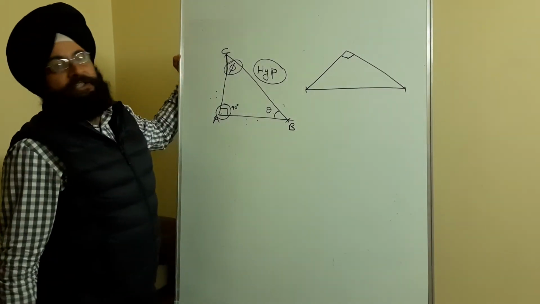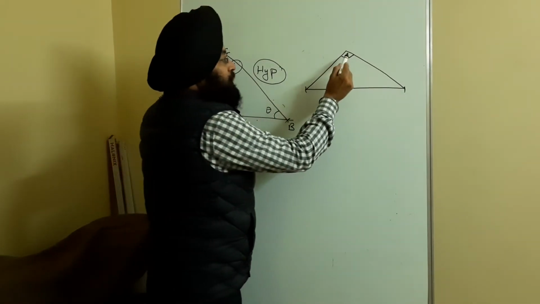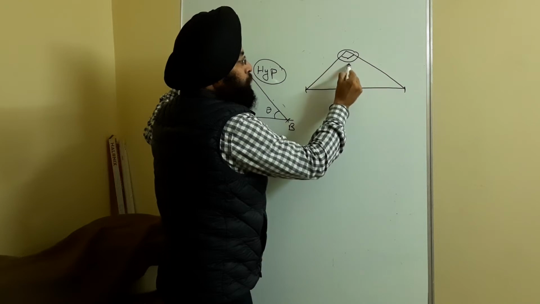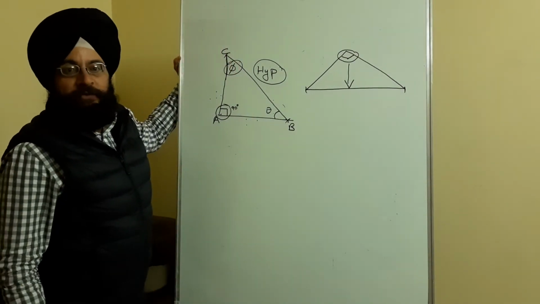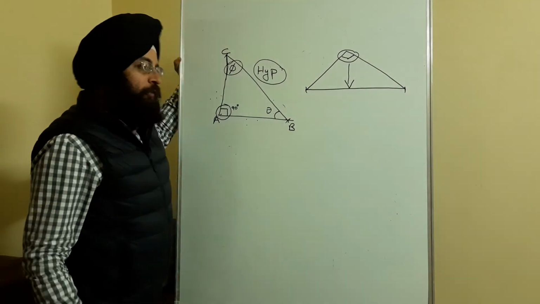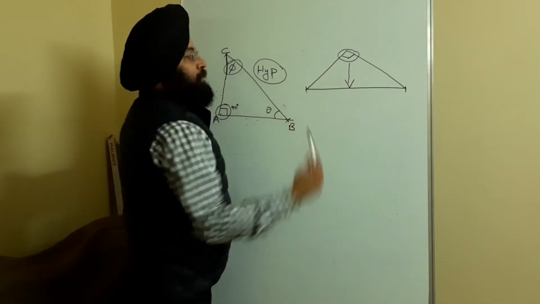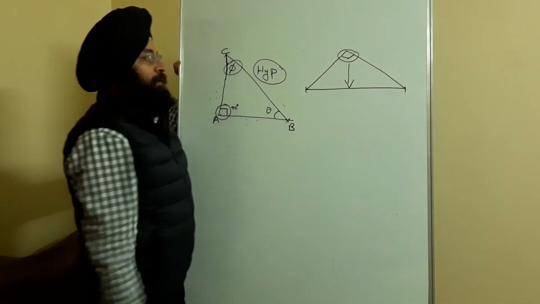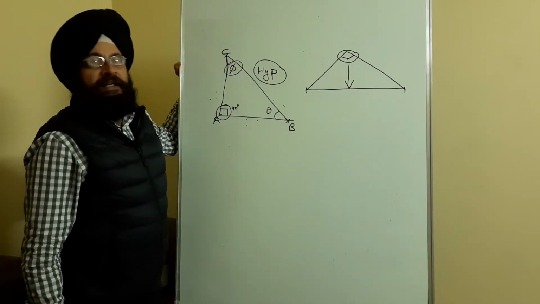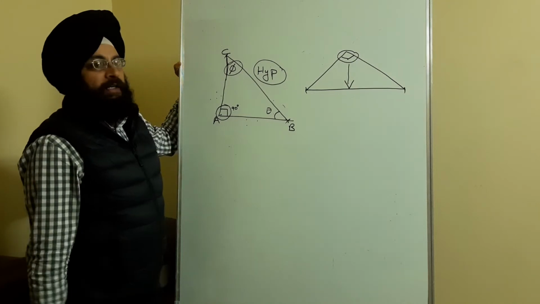Secondly, for simplification, the side which is just opposite to the right angle is your hypotenuse. This is a thumb rule. If you remember these two parameters, the longest side and the side just opposite to the right angle, that side is always the hypotenuse.